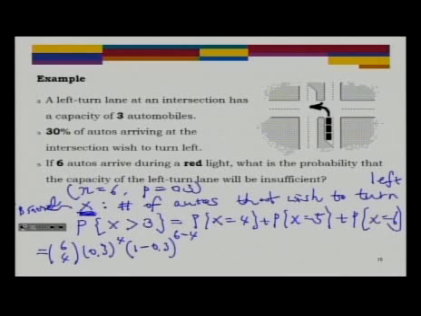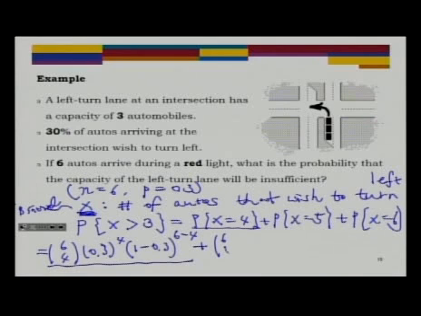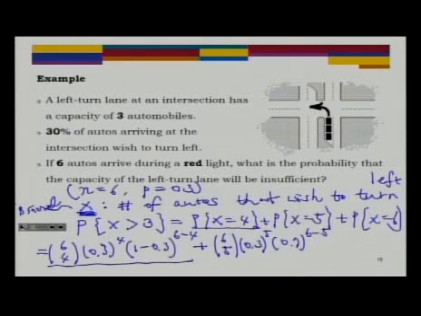That's the first term. The second term is the same: 6 combination 5, 0.3 to the 5th power, times 0.7, which is 1 minus 0.3, to the 6 minus 5.